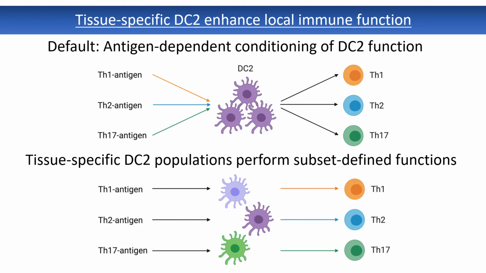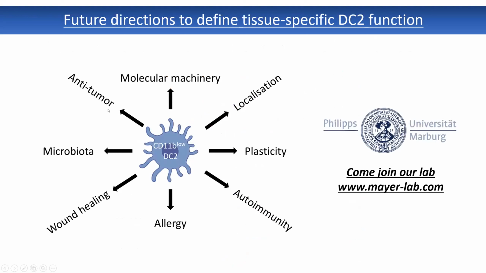And there might be an evolutionary origin or necessity to develop additional populations of dendritic cells in specific tissues. And we are now in my new lab trying to understand what the evolutionary requirement for this additional population of dendritic cells is. And if it is, for example, to promote wound healing or to defend against toxins or parasites at the steady state, which is why this population has developed over time.